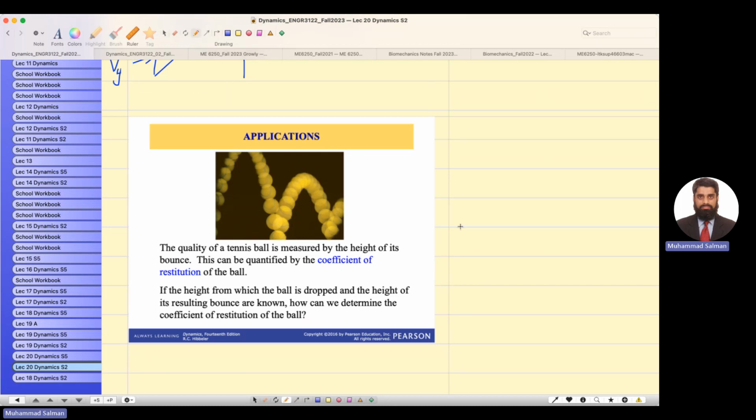Suppose the coefficient of restitution is 0.8. This means 80% of the energy is restored after the collision.